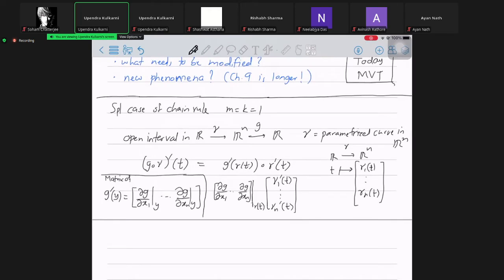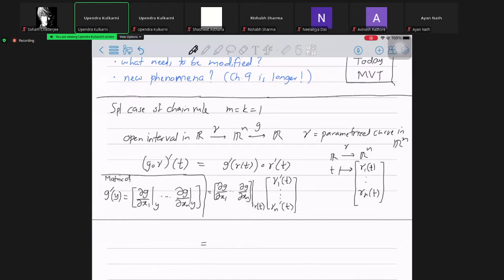But now what does it actually mean? You see, I'm multiplying a row vector with a column vector. What is the result? The number. It's just a real number. And in fact, we can write down what that real number is. But I want to now do this a bit differently.